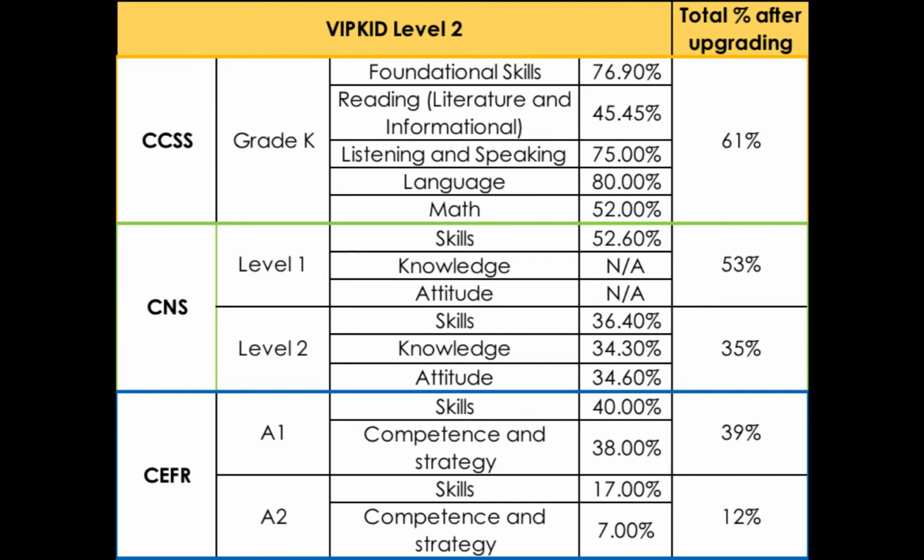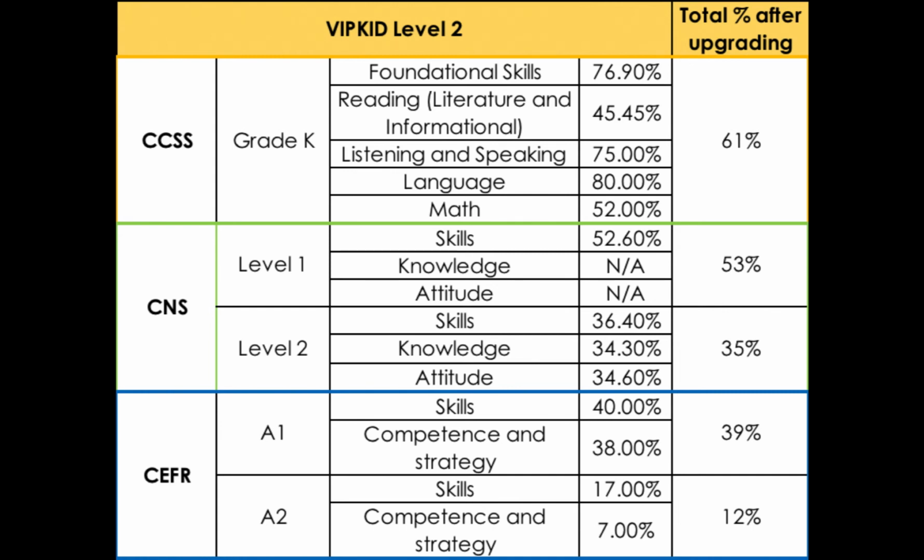In addition to the changes in the structure of the course, there are also changes in the content. The new Level 2 is much more closely aligned with the Common Core State Standards and the Chinese National Standard. For example, we can look at this chart here. We can see CCSS, which is the Common Core State Standard, alignment of the new Level 2 with grade K is a total of about 61% after the upgrade.